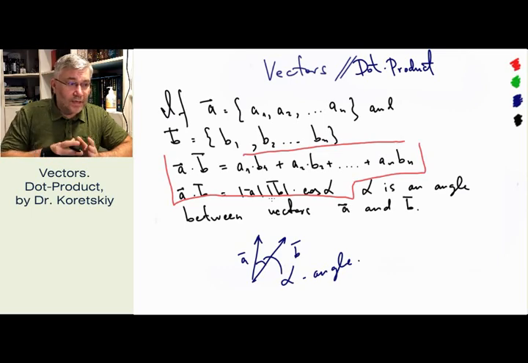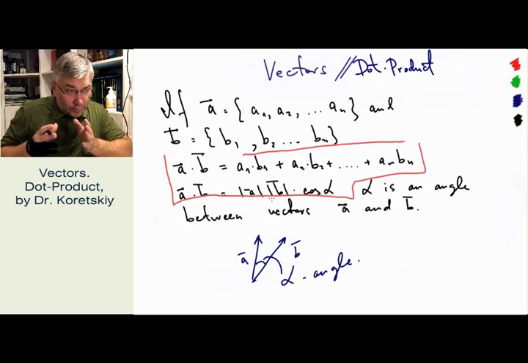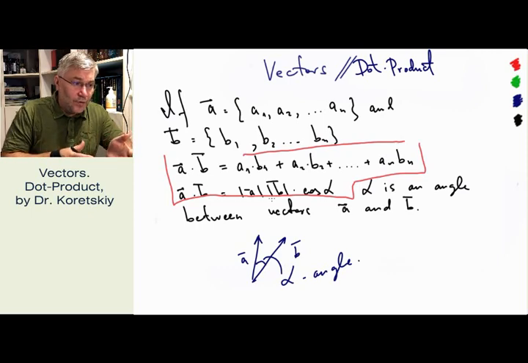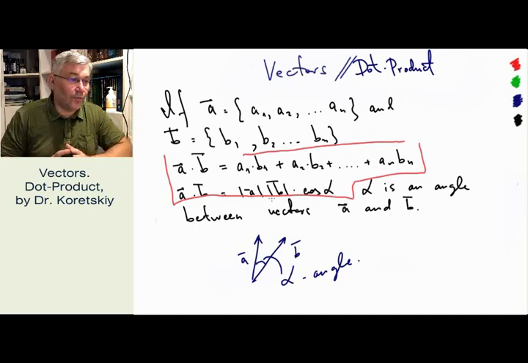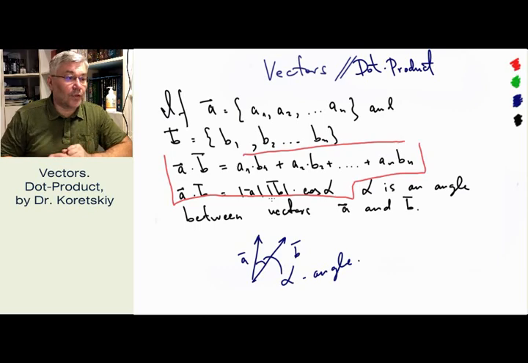So the summation of the corresponding coordinates multiplied by each other is equal to the magnitudes multiplied by cosine alpha. And this is the basic concept of the calculation of the angles between two vectors. To make it clearer, I want to give you some examples.